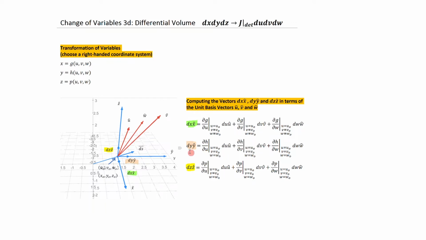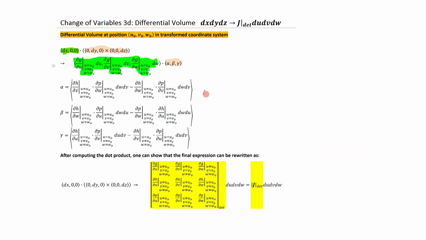You can do that also for dy y hat and dz z hat. The expressions look the same, except that in the first case we were operating on g, in the second case we operate on h, and in the third case we operate on p. So these are the expressions for these three differential vectors in terms of the new differential vectors.